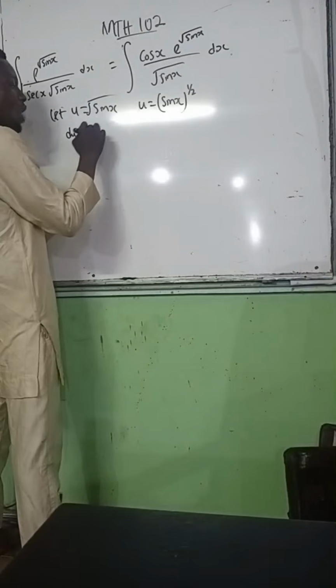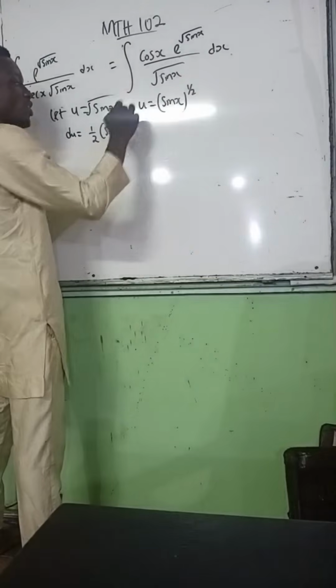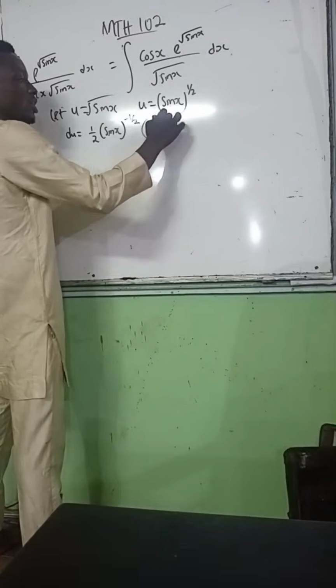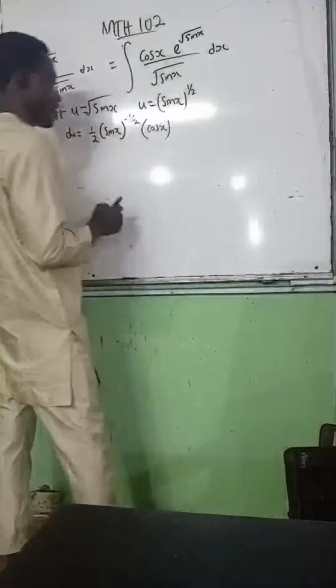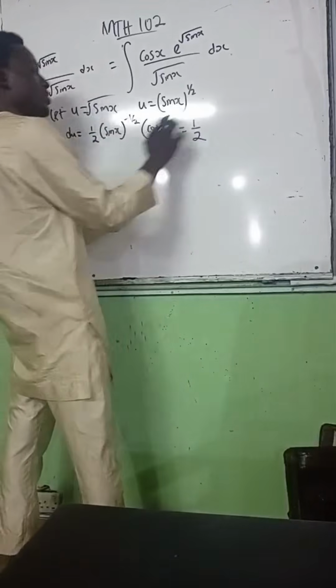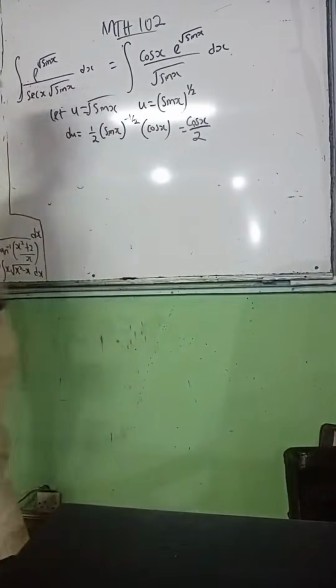That means du equals to what? 1 over 2 sin x raised to 1 over 2 minus 1. If we differentiate this, I get cos x. Shortcut for chain rule, isn't it? You can use your chain rule. Because 1 over 2 times 1 times cos x, so we have cos x over 2, isn't it?